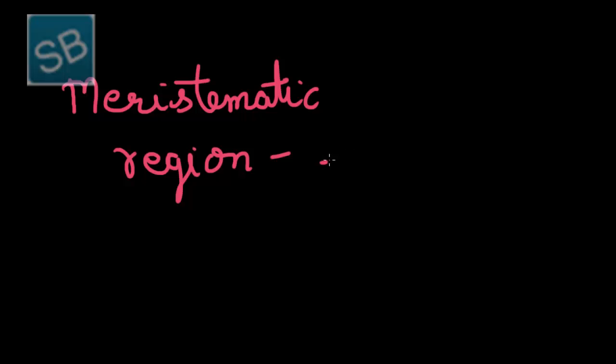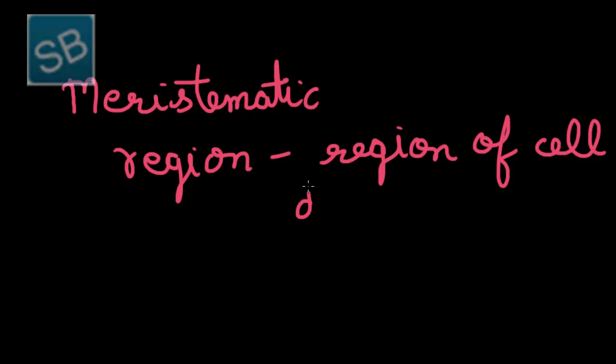Then comes the meristematic region, which is considered the region of cell division, where rapid multiplication of root cells occurs to form various branched roots.